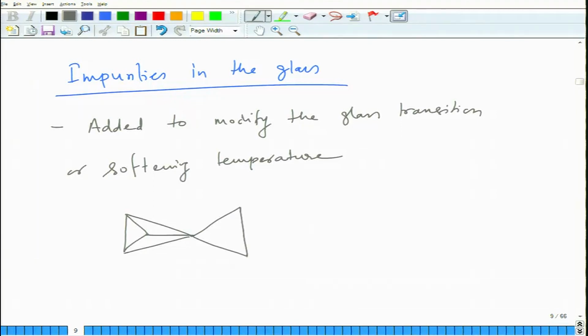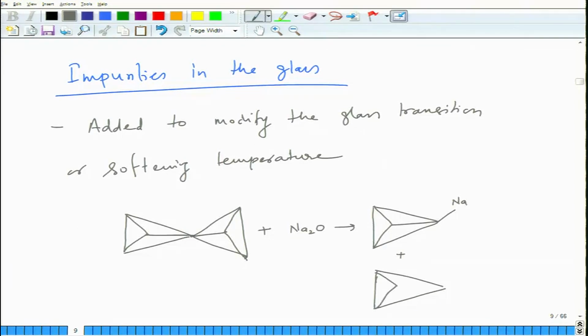So for example, if you have a structure like this, okay, this is how tetrahedra are shared in a certain structure. Now this is shared at the corner. If you add sodium to it, what it might look like is you may have a tetrahedra like this, which is attached with one sodium here, and you can have another tetrahedra which can remain attached with itself with another sodium atom here.